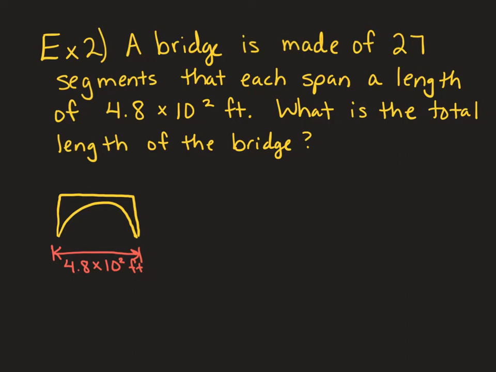We know there's 27 different segments, and that each segment spans a length of 4.8 times 10 squared feet. So there's 27 of these. So I might think of it this way: there's 27 segments of 4.8 times 10 squared feet.